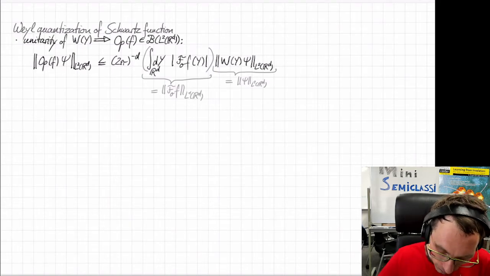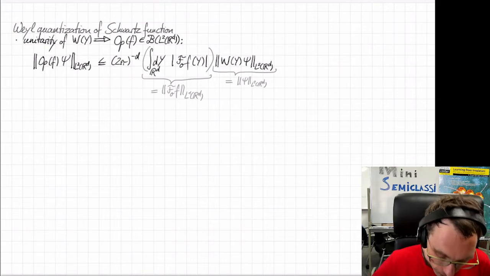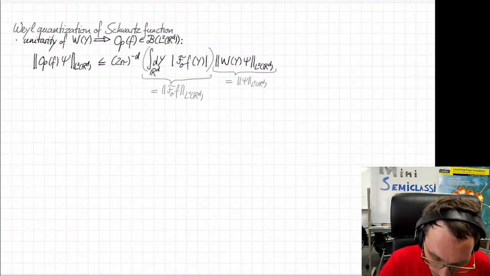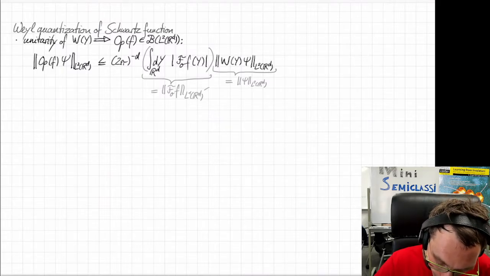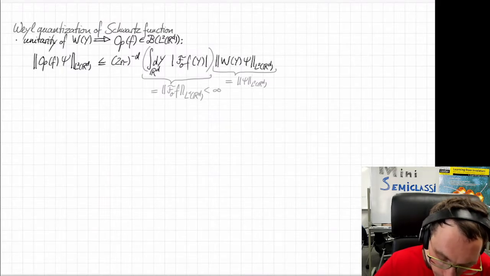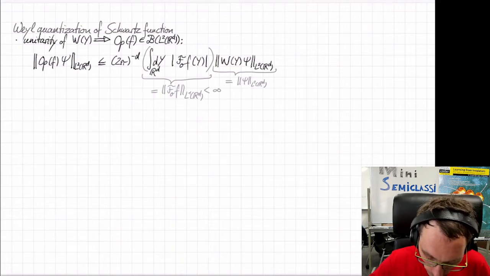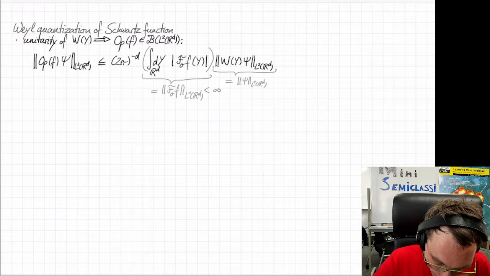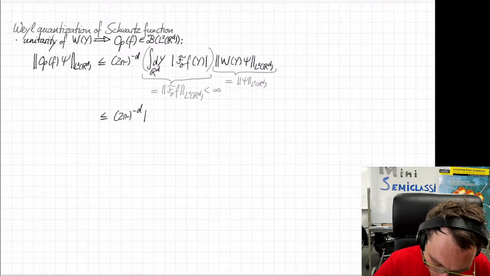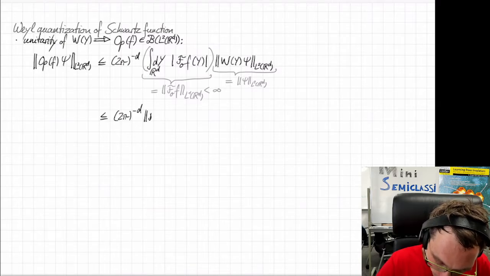Because f is a Schwartz function, its Fourier transform, hence its symplectic Fourier transform, is a Schwartz function, and hence it has a finite L1 norm. And this is already the result, right? Because now what we have is 2 pi to the minus d times the L1 norm of the symplectic Fourier transform of f.